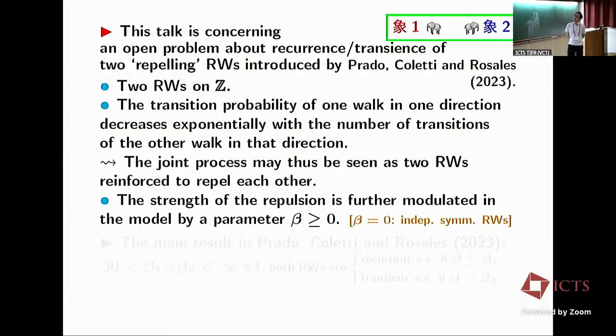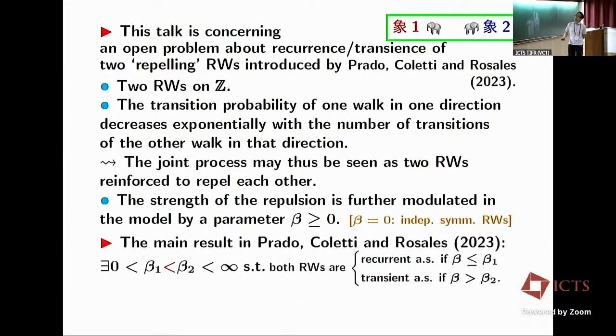The main result in Prado and others is as follows. There are two different positive finite values, beta 1 and beta 2, such that both random walks are recurrent with probability 1 if beta is less than or equal to beta 1.